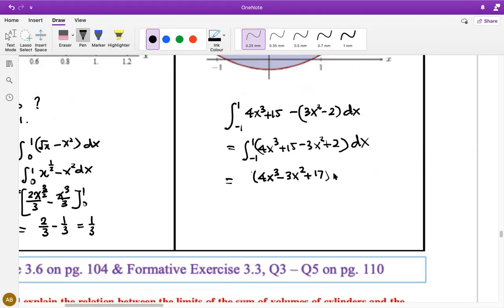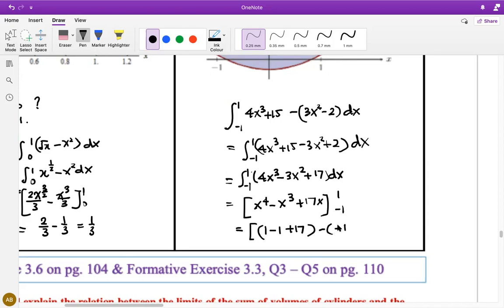Okay, so this is -1 to 1. Then we simplify. So we integrate. So you get x to the power 4 minus x to the power 3 plus 17x from -1 to 1. So you get 1 minus 1 plus 17, minus the value at -1, which is 1 plus 1 minus 17.